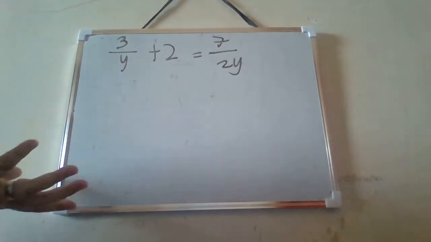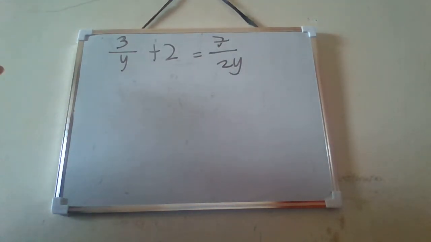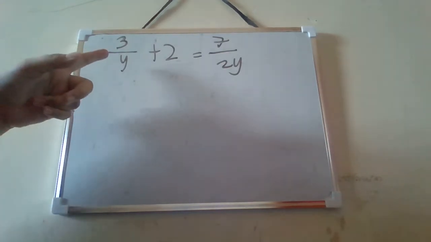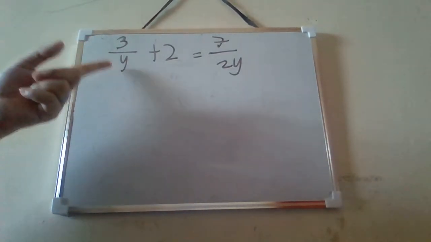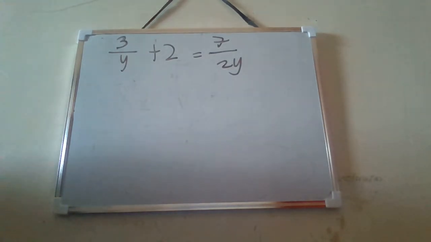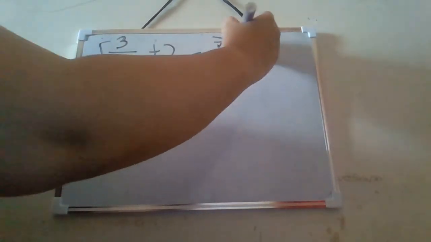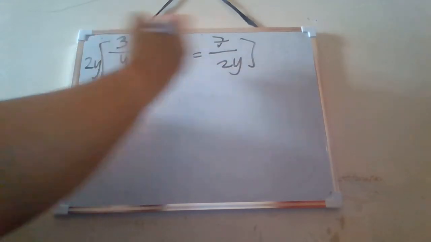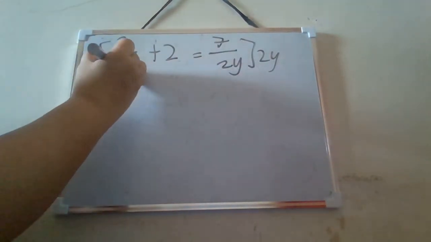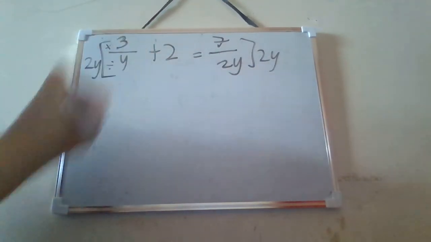So let's look for a number or a denominator that's divisible by y, or 1, and then 2y. So it's 2y. Alright, so 2y, so again, it's divided by, and then you multiply.